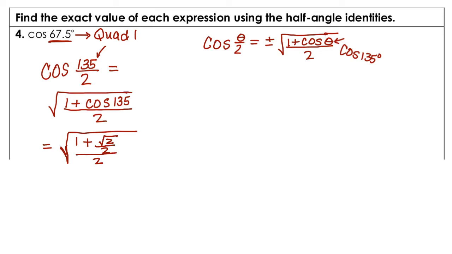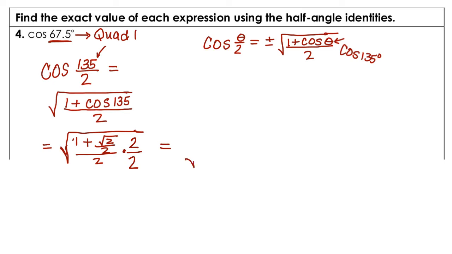Let's multiply the top and bottom by 2 since that's a denominator, and just clear up one of those denominators.